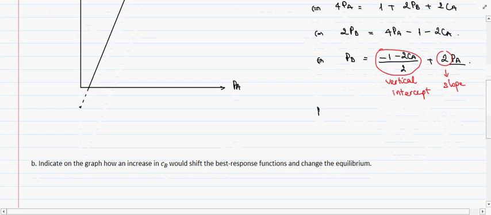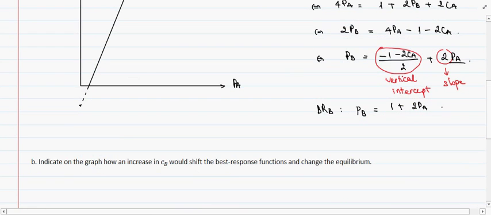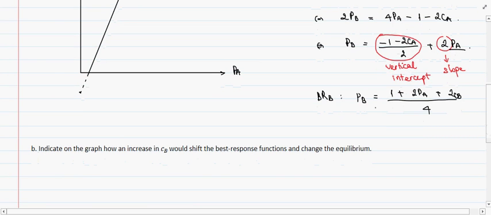It's going to be a very similar best response function for firm B. PB is equal to (1 plus 2 PA plus 2 CB), everything divided by 4. As you can see, I already have PB as the subject, so I do not need to rearrange anything, that's pretty straightforward.